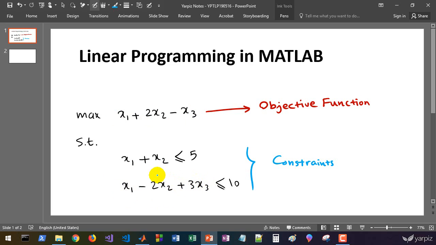Also, it is possible to have some equality constraints. I write down another constraint, which is an equality constraint, and for example, x1 plus x3 must exactly equal 8. And this is a linear programming problem.